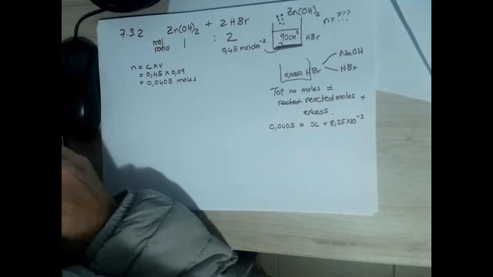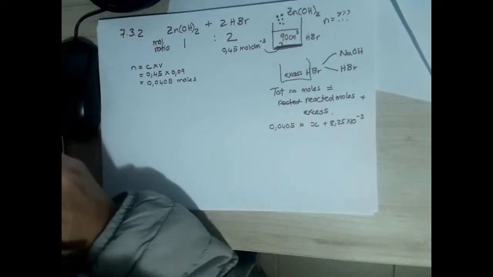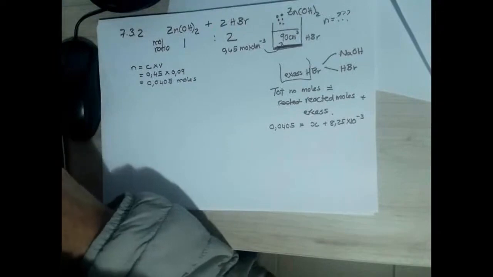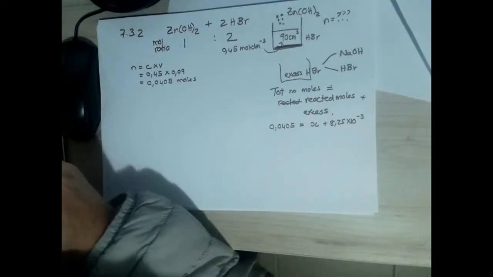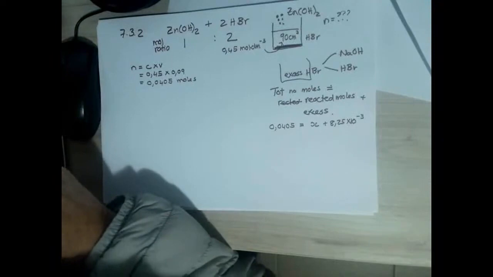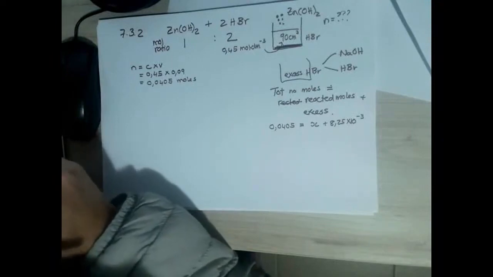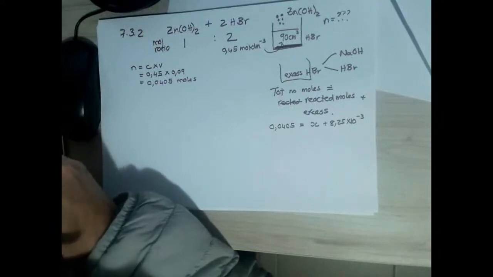So I know from the new information they've given me, the concentration and the volume, I can work out the number of moles that was initially present in my flask. And I've done that. I get 0.0405. And the total number of moles must equal my reacted moles plus my excess. That's the reaction with the zinc hydroxide, and I have no idea how many that was, but I know that once that reaction had finished, I was left with 8.25 times 10 to the negative 3 moles of HBr.